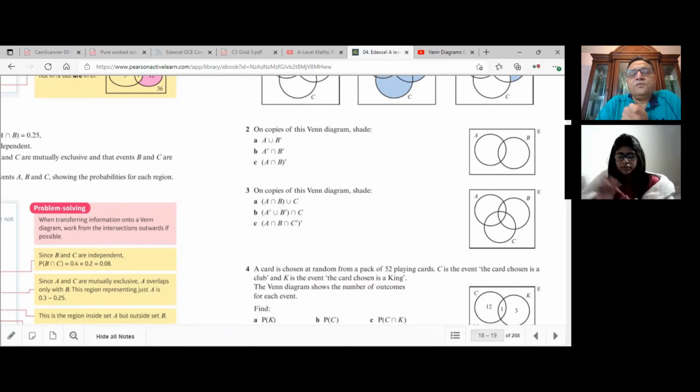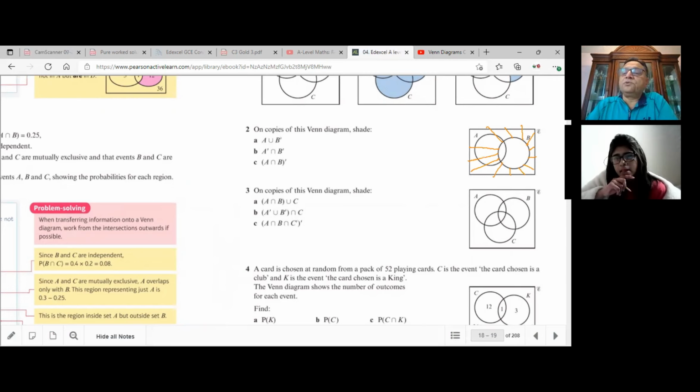We have to figure out what is not B. B is given to you, so not B is the outside. Do you see that? So not B is the outside. What about A? We are including A in it, so A is included and not B is included.